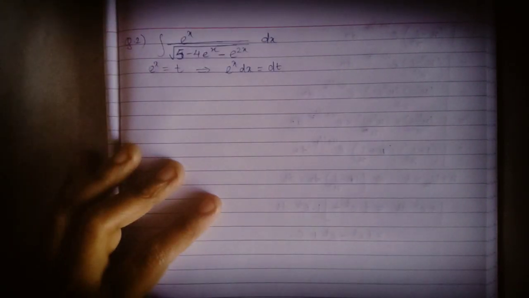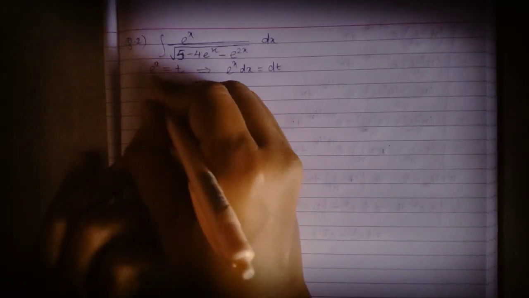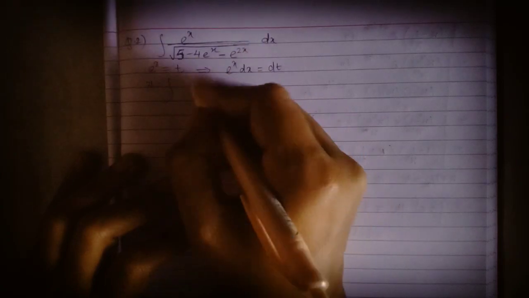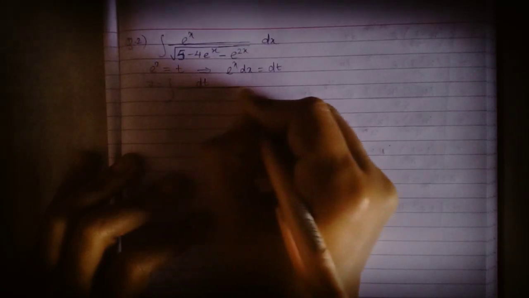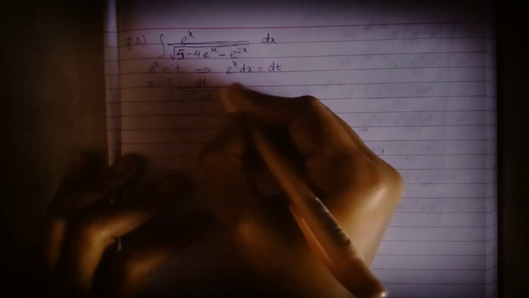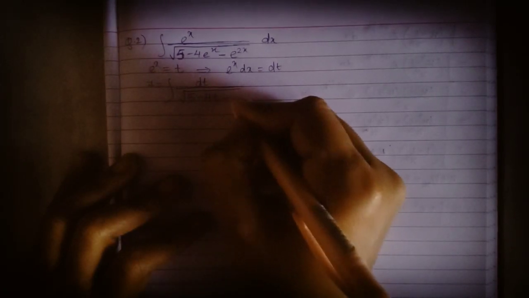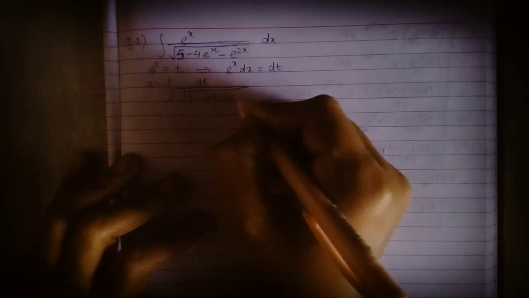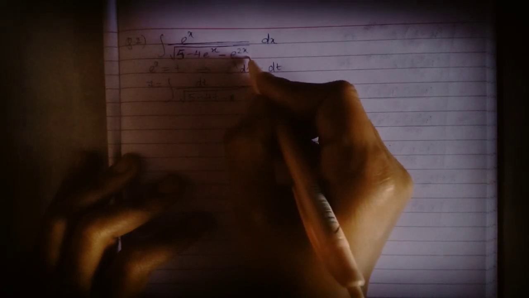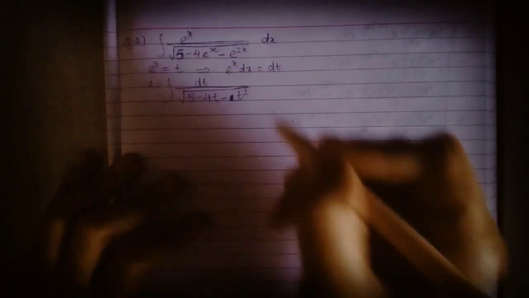Okay, so substituting we'll get integral, e raised to x dx is dt, integral 5 minus 4t minus e raised to 2x, which means e raised to x into e raised to x, so t into t, which is t square.